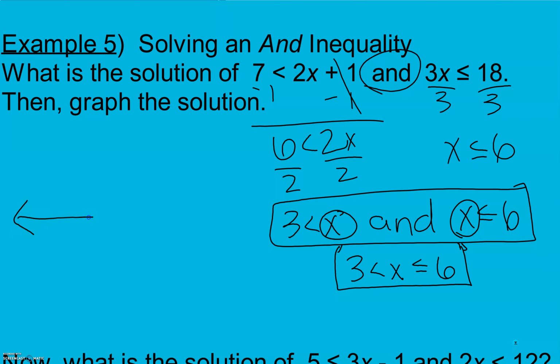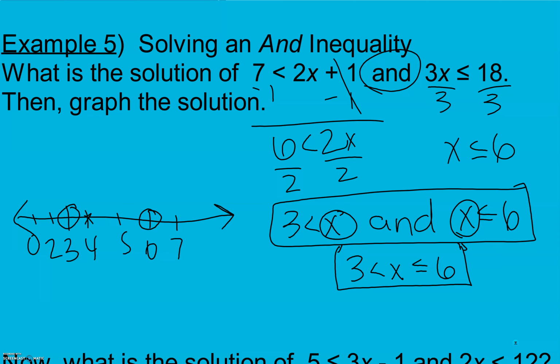As far as the graph goes, I'm going to put our boundary points on. We want 3 to be less than x. So 3 is less than 4, for example. We want x to be less than or equal to 6.